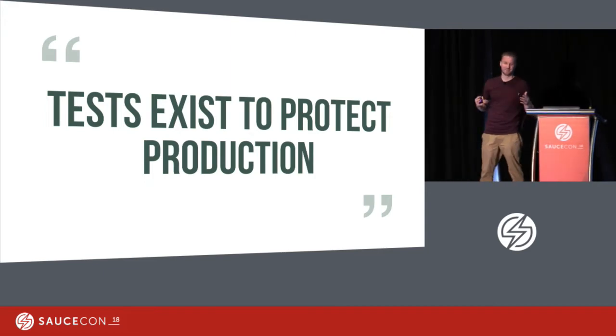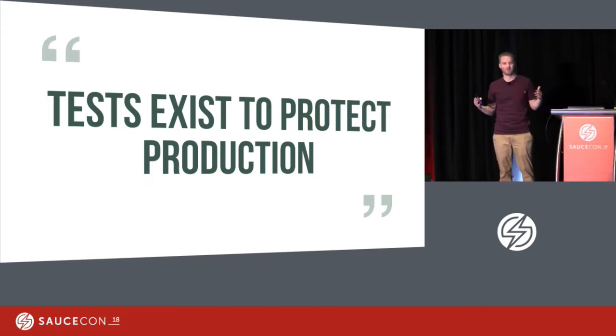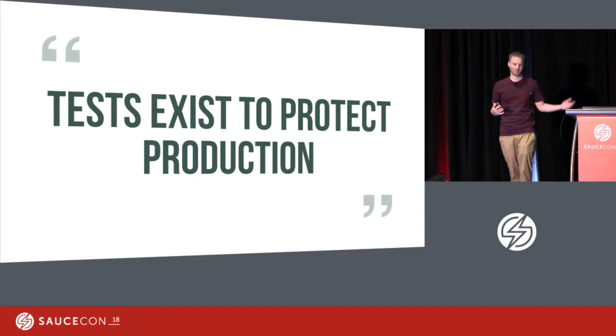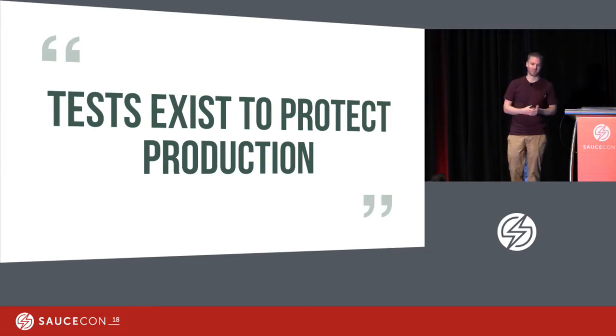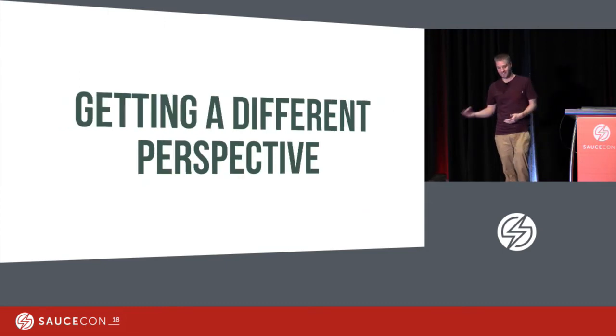And that led me to reach the boundaries of the skills and knowledge I had to solve this problem, because we had tried so many different ways. I was very willing to throw out the entire thing and think of another way, but I just didn't know what that was. So I had to get a different perspective.